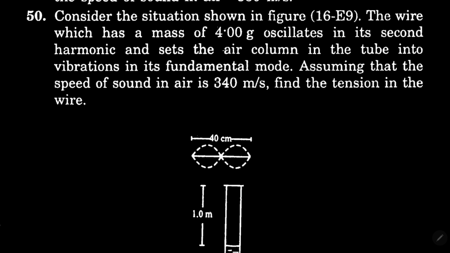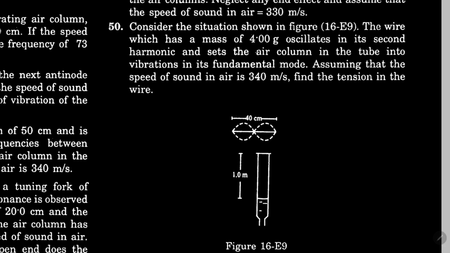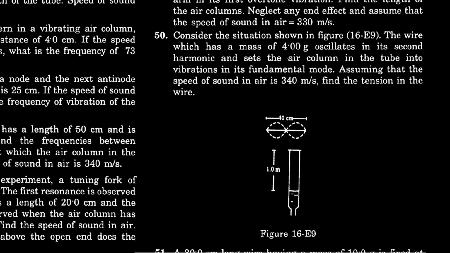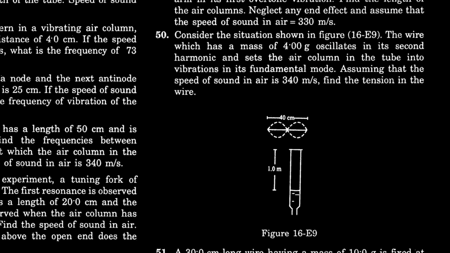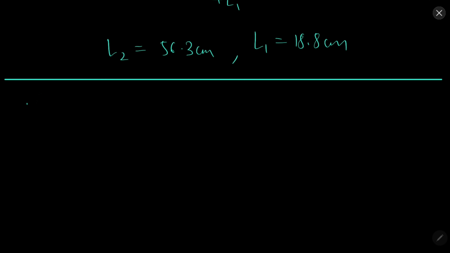In question 50, we need to consider this figure that is given here. The wire which has mass of 4 gram oscillates. We need to find the tension in the wire. Solution 50.